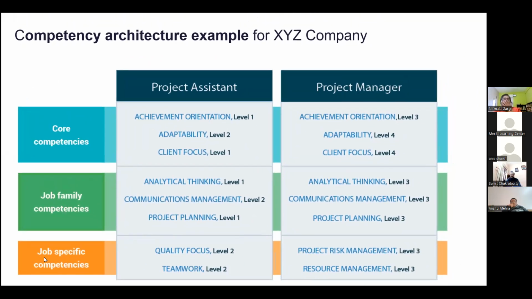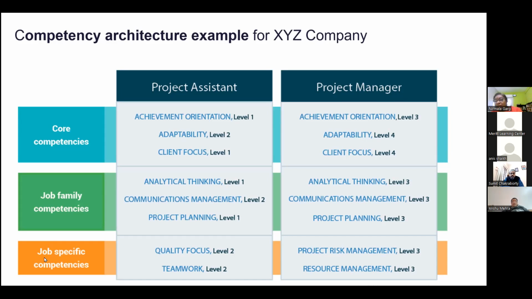Perfect. Now, what are the core competencies here? Achievement orientation. This is for the project assistant who is reporting into project manager: achievement orientation, adaptability, and client focus.